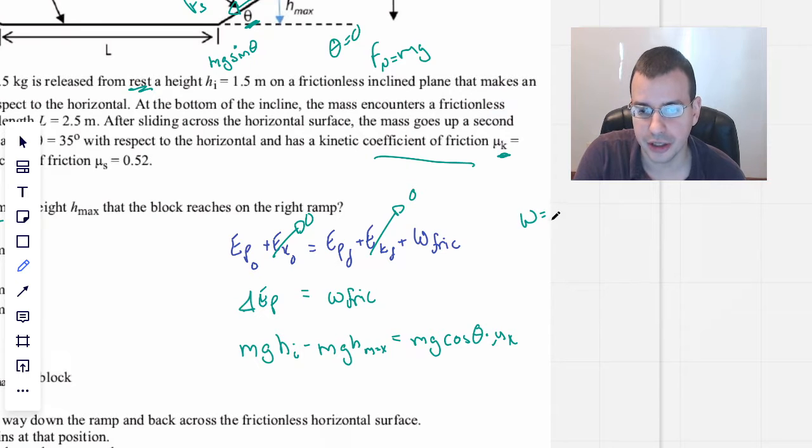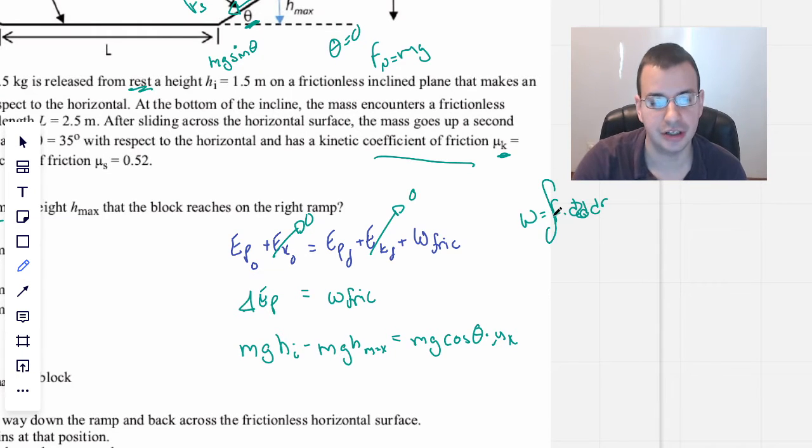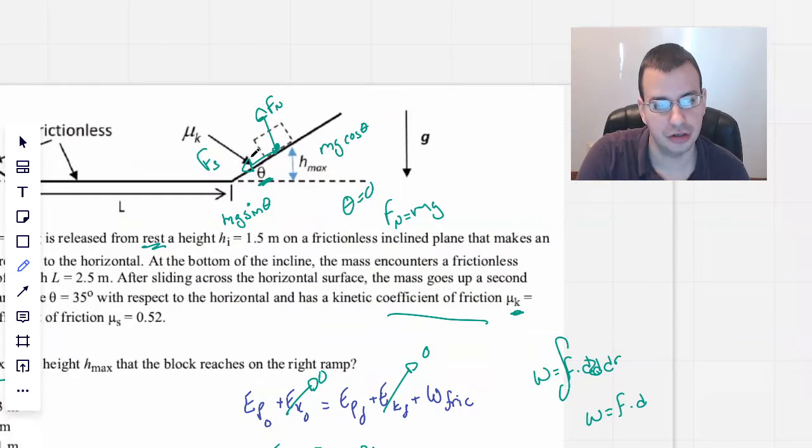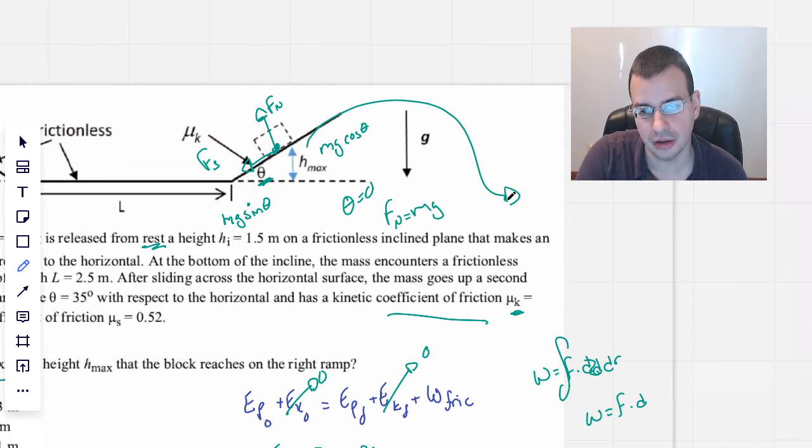So work equals force times distance, actually F dot dr, but we have a constant force, because our force is mg cosine theta, and theta is not changing. So work equals force times distance, and so we need the distance it travels. Well, I'm going to draw a new triangle over here.